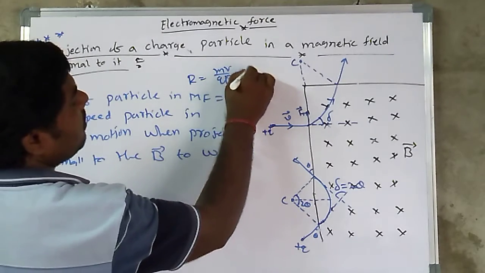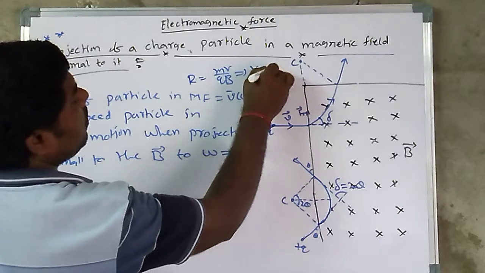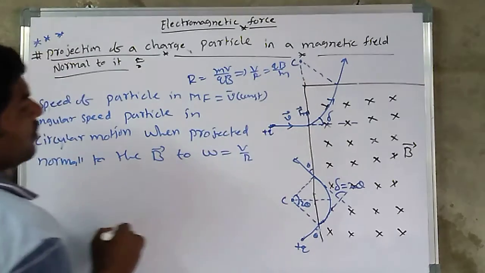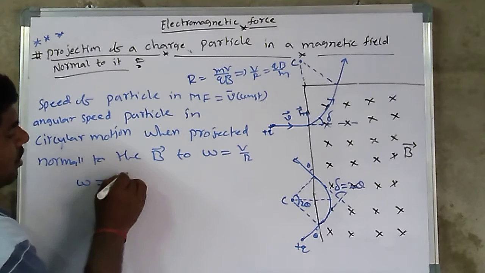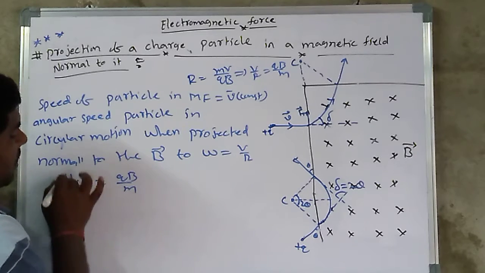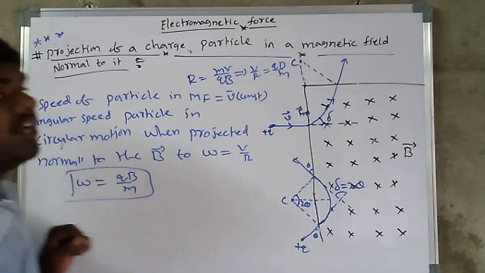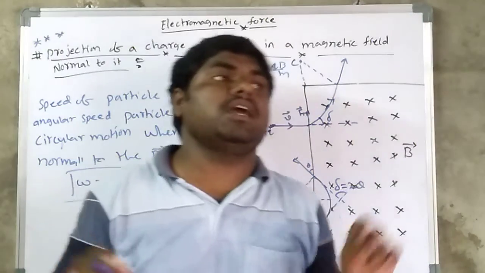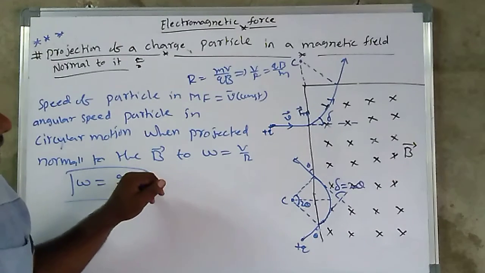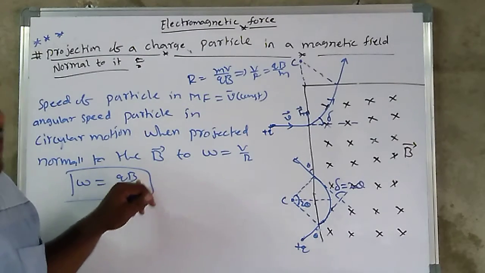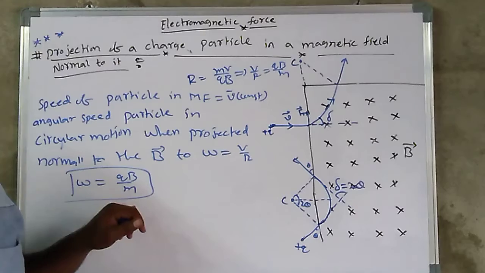From this equation, v by r is equal to qB by m. Substituting here, omega is equal to qB by m. This omega value is independent of velocity. It depends on charge, magnetic field, as well as mass.